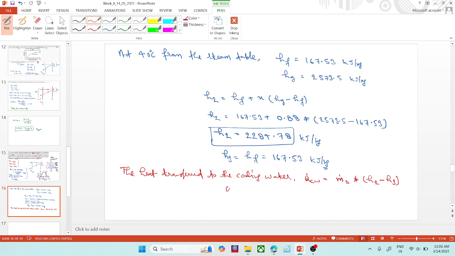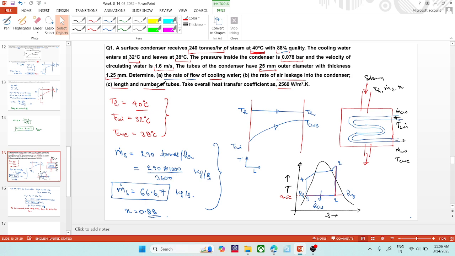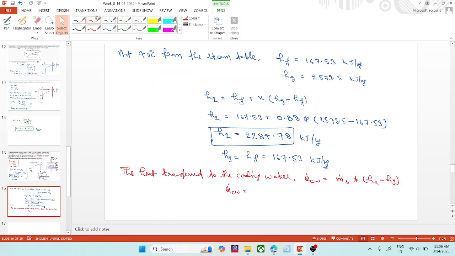When we put the values, Q dot CW is m dot s, which we have just determined, 66.67, into H2 value 2284.78 minus 167.53.